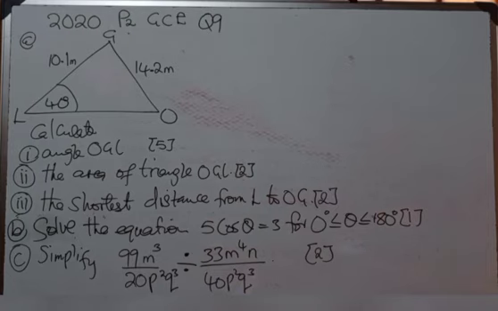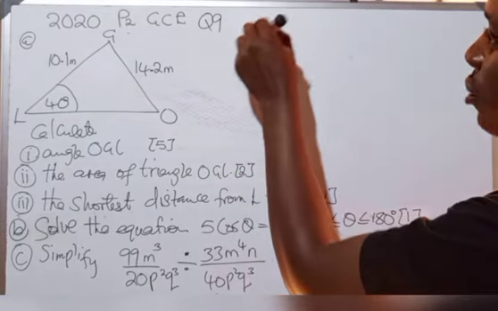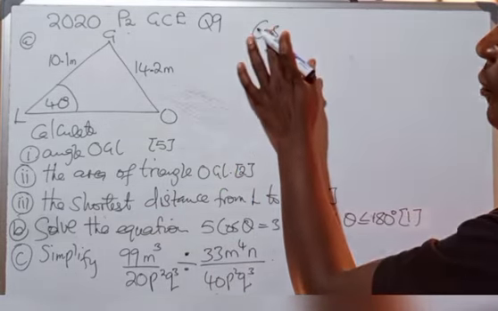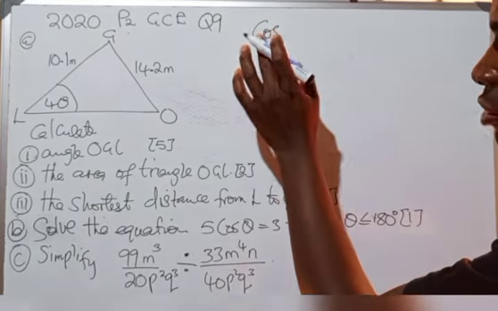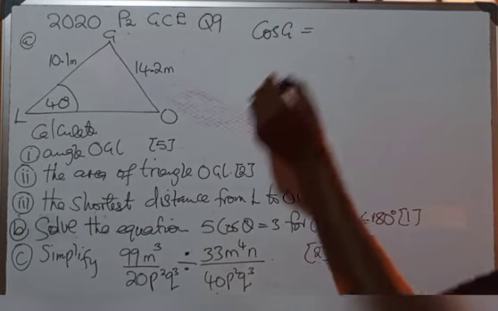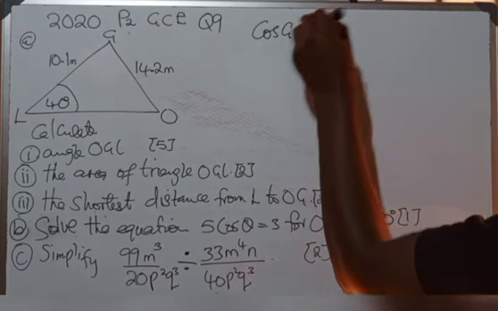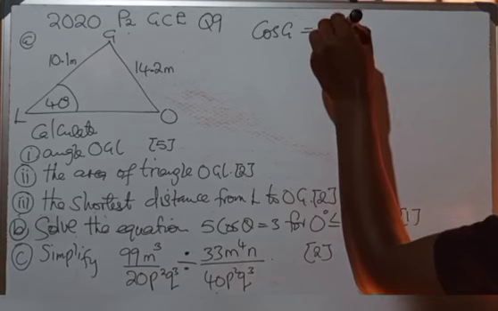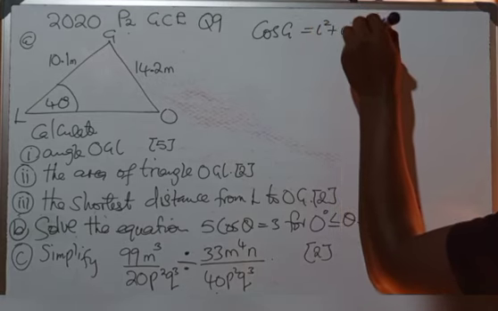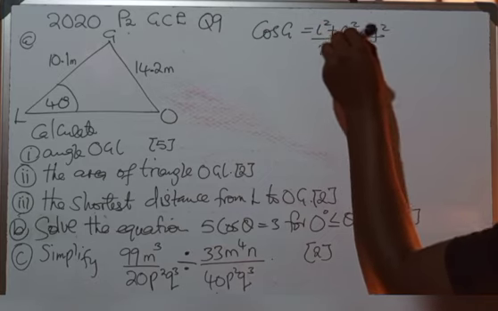Now, how are we going to find that angle? If we use the cosine rule, we say cos G is equal to L squared plus O squared minus G squared over 2LO.